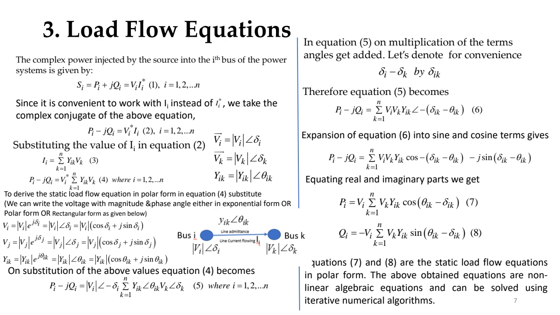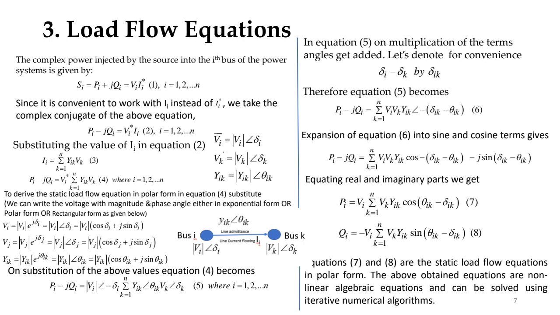So what we are trying to do is, equation 4 is as it is, and in equation 5 we are expanding equation 4 by introducing the phase shift of the voltage component and also the admittance component. The phase angles are represented in this equation in polar form.